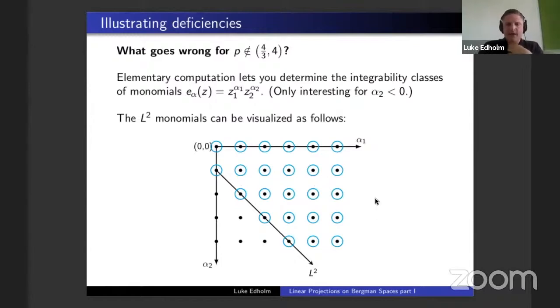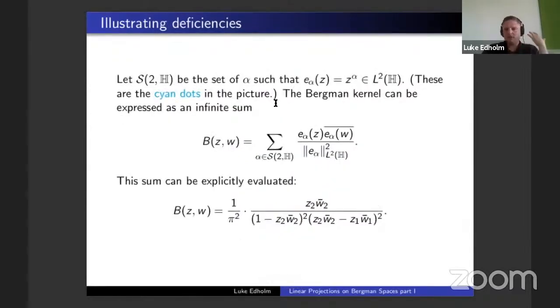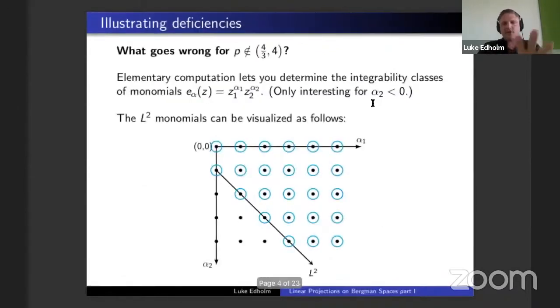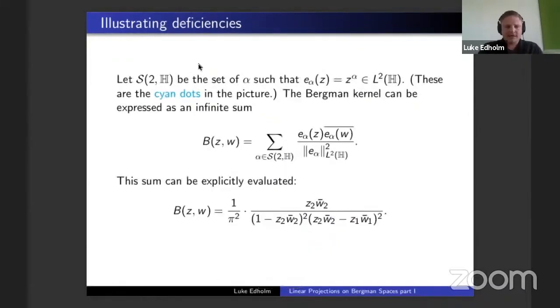Imagine everything in the first quadrant being circled in blue too, and so these cyan dots end up representing a basis for the Bergman space, or the Bergman kernel.